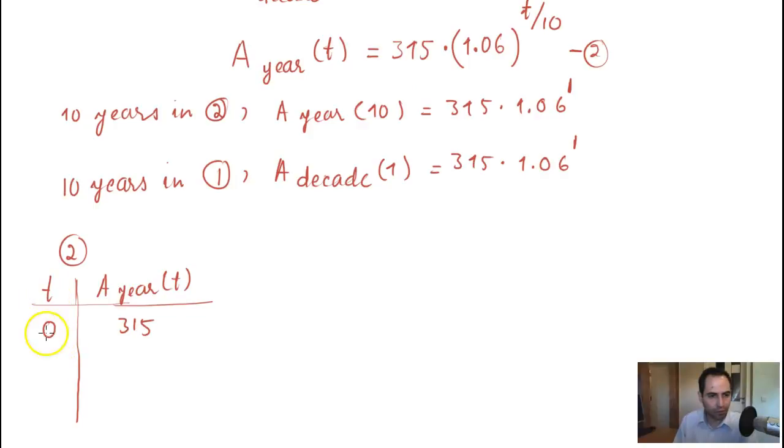If you increment your t to 1, just incrementing by 1, you get basically 315 times 1.06 raised to the power 1 divided by 10. So that is basically the 10th root of 1.06.